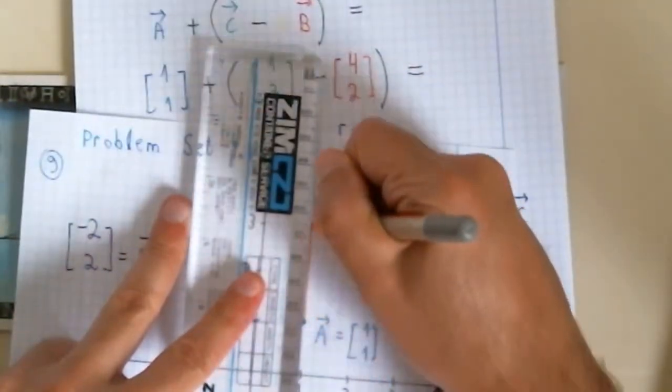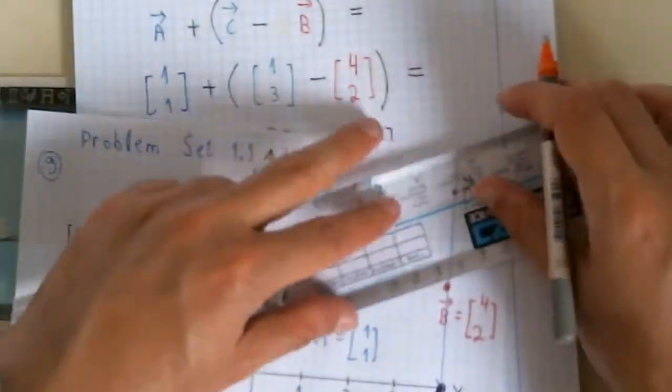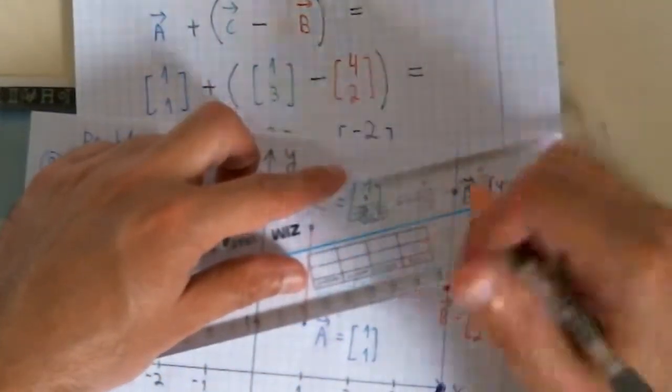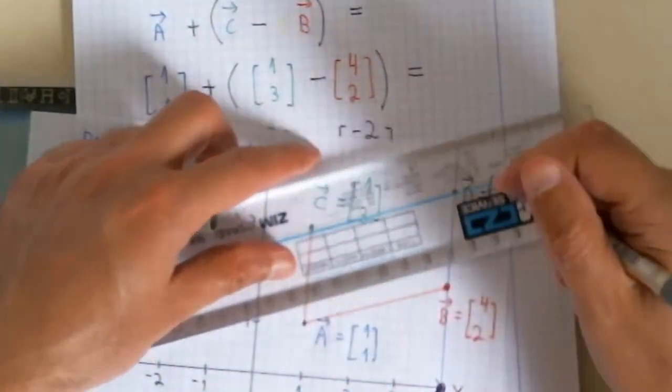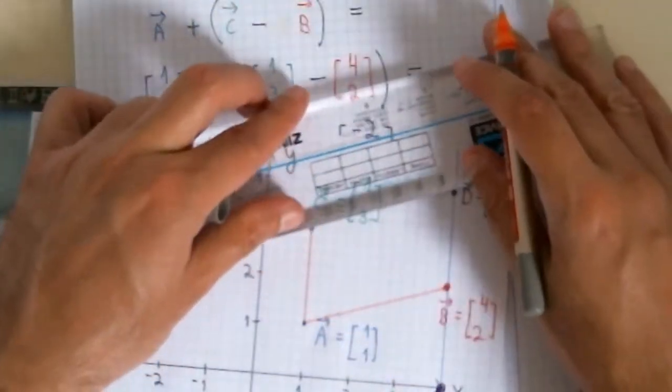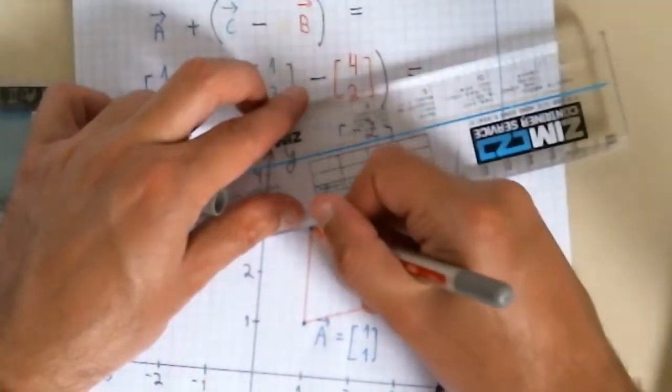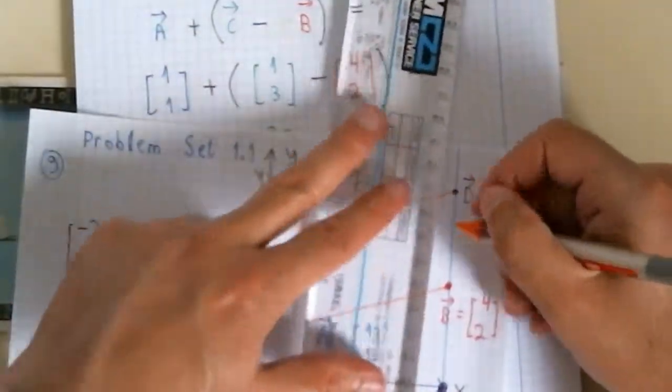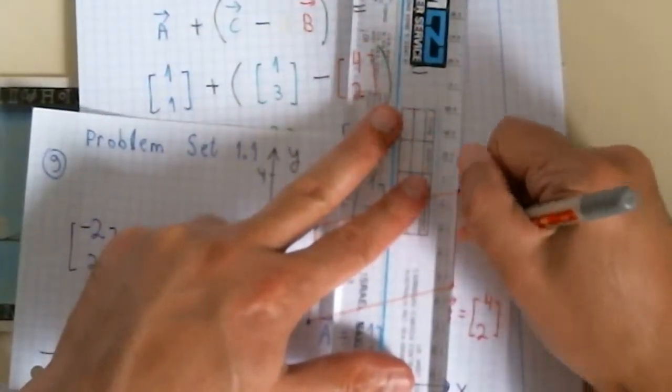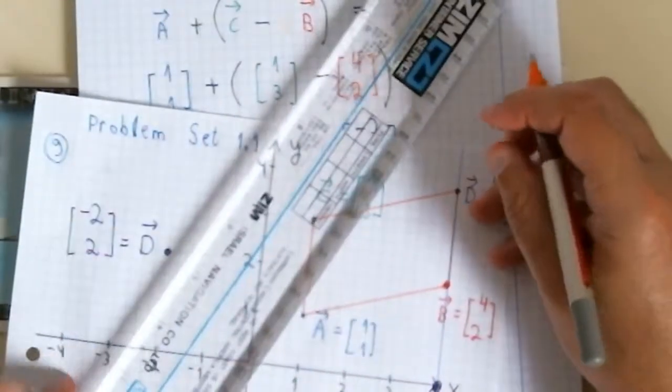We just connect the dots. A to B, A to C, C to this D, and B to this D. Okay, this is one option.